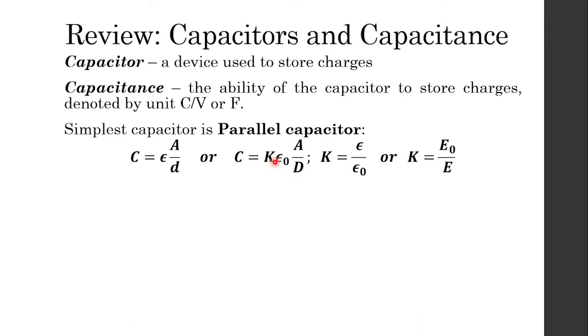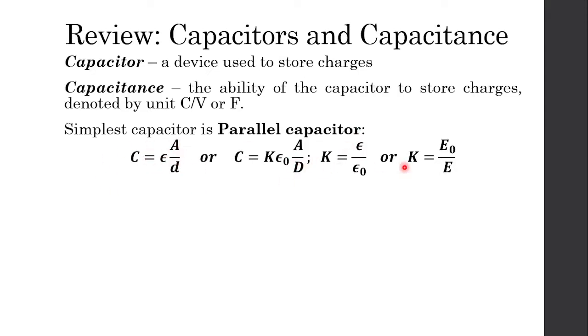And K can be measured using this equation right here, wherein we have the permittivity of the dielectric material divided by the permittivity of free space. And this makes sense because if we rearrange this equation, epsilon is just equal to K multiplied by the permittivity of free space, so it's just the same equation.